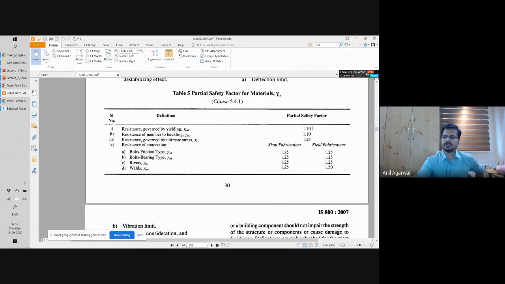What will be the total factor of safety? 1.65, right? 1.1 multiplied by 1.5. So 1.65 is the total factor of safety.